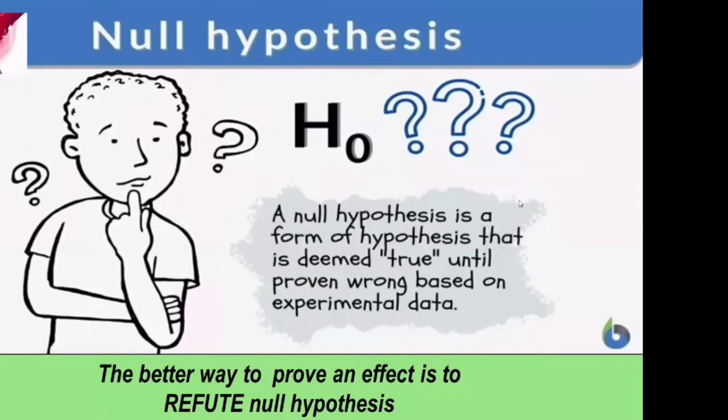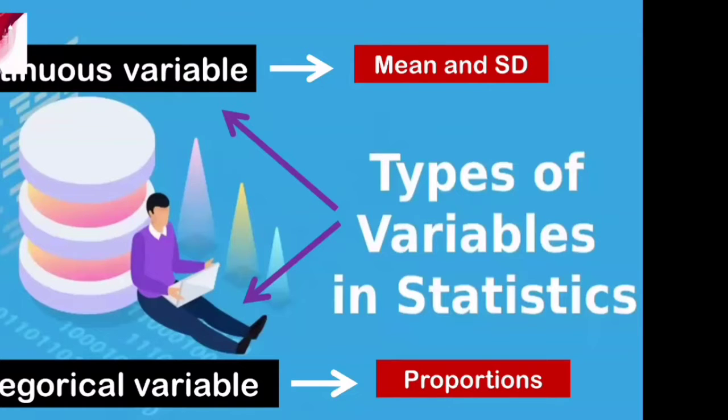And based upon the experiment results, we have to either accept the null hypothesis or reject the null hypothesis. If you're going to accept the null hypothesis, that's it. There is no difference. If you're going to reject the null hypothesis, you are accepting the alternate hypothesis. That means there exists a difference between that. So the better way to prove an effect is to refute the null hypothesis. Okay. Coming to the variables.